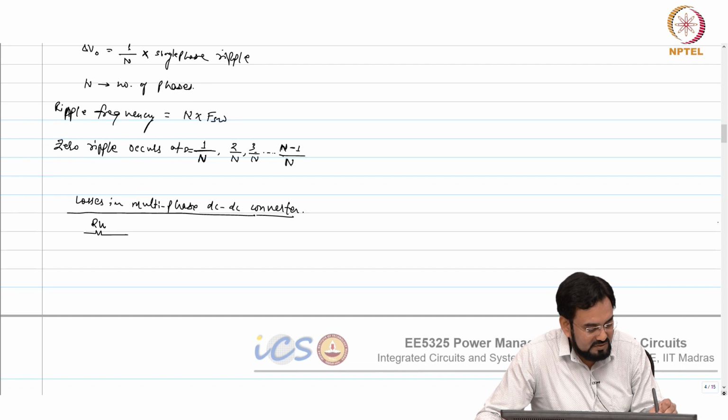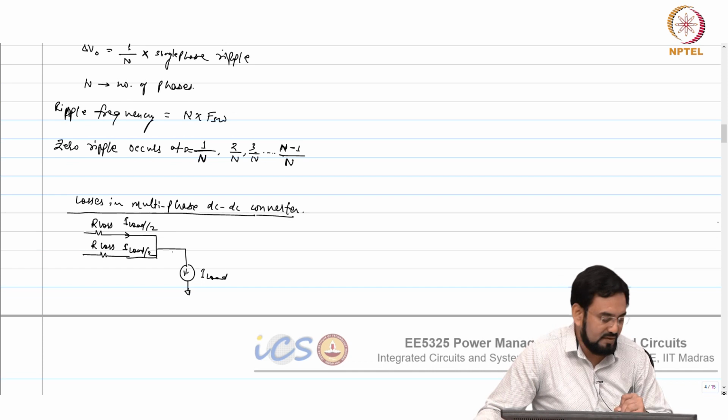So if this is R loss and this is also R loss, this is going to carry I load by 2, I load by 2.